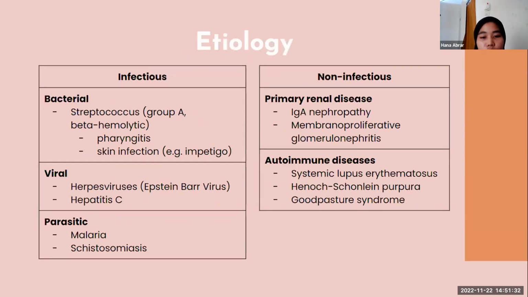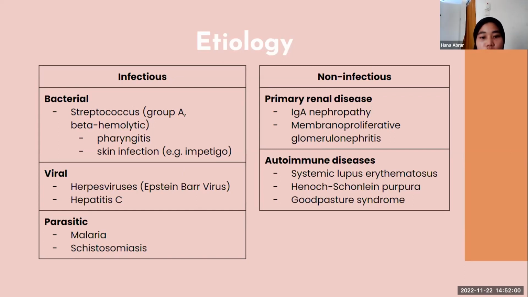So etiology can be divided into infectious and non-infectious. Among infectious causes, the most common is bacteria, Streptococcus, specifically strains of group A beta hemolytic streptococci. Patients who had pharyngitis or skin infections such as impetigo might later develop AGN. Other less common causes are viral infections such as herpes viruses like Epstein-Barr virus, hepatitis C, and parasitic infections such as malaria and schistosomiasis.